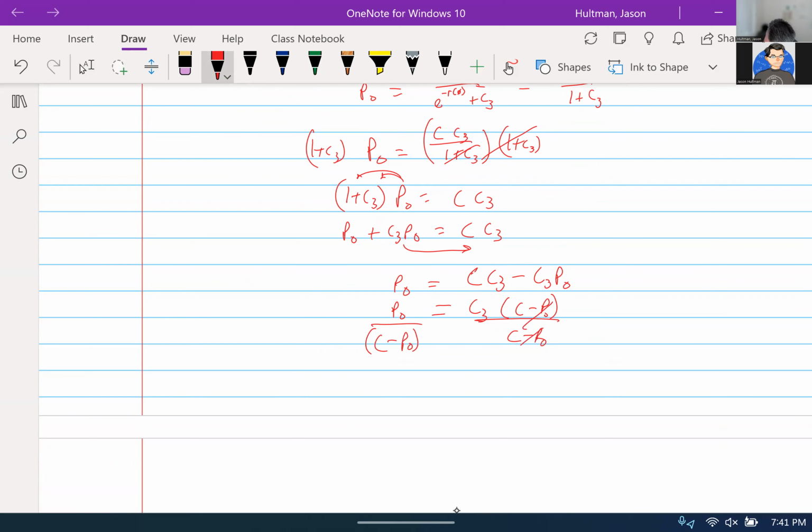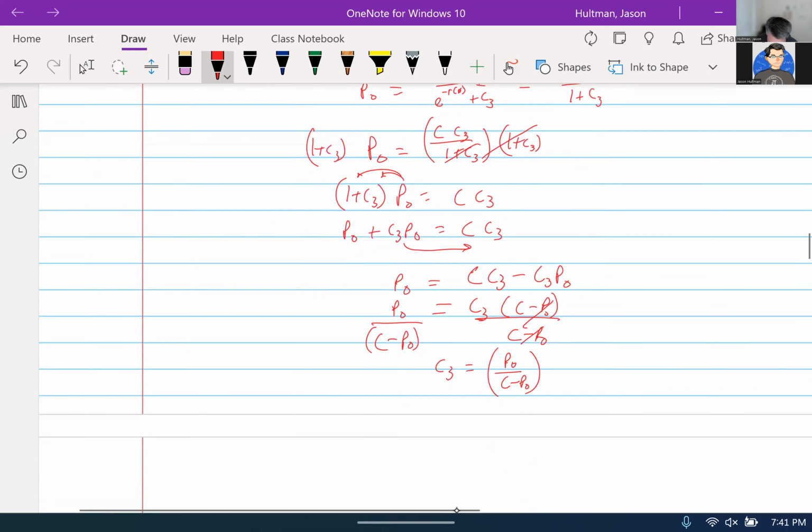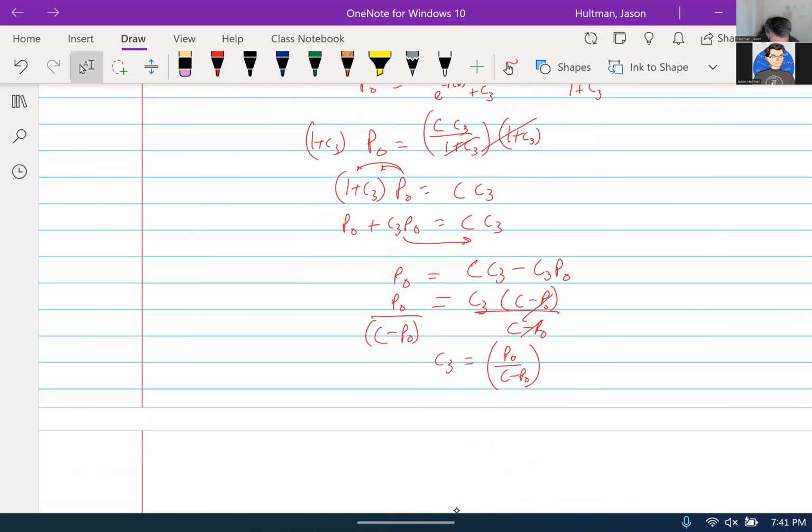So C3 is equal to P naught over C minus P naught. Okay, so let's replace that back into this equation that we got. Let's see what we can do with that.